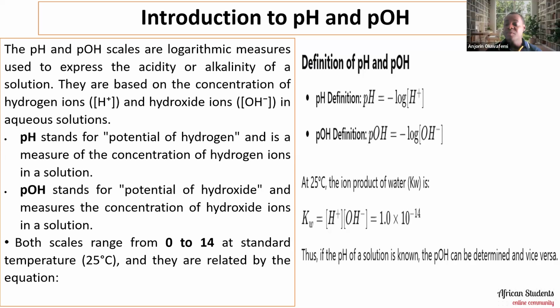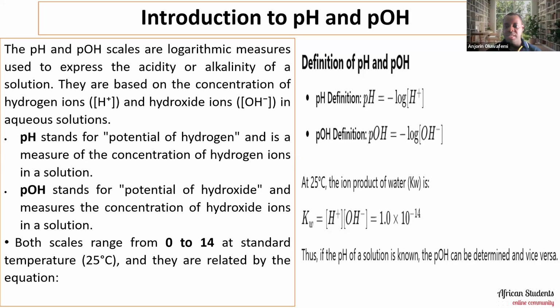So at 25 degrees Celsius, the ion product of water, that's the Kw, is equal to the concentration of hydrogen ion multiplied by the concentration of hydroxide ion, which will be equal to 1.0 times 10 raised to the power minus 14.